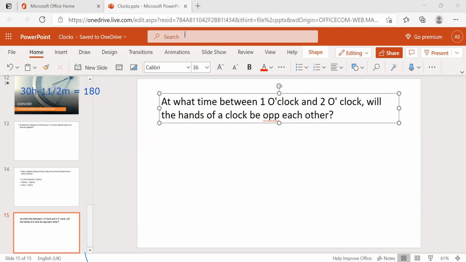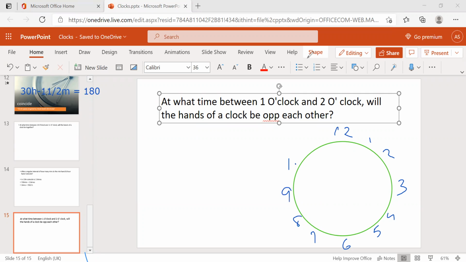1 o'clock and 2 o'clock, first you need to know where the opposite side will be. So first you need to draw the clock. This is 12, 1, 2, 3, 4, 5, 6, 7, 8, 9, 10, 11, right?